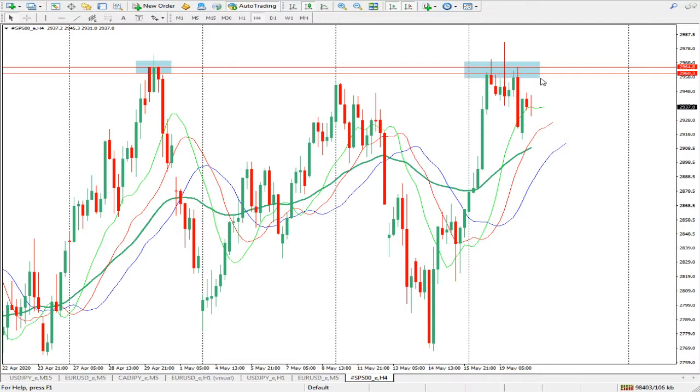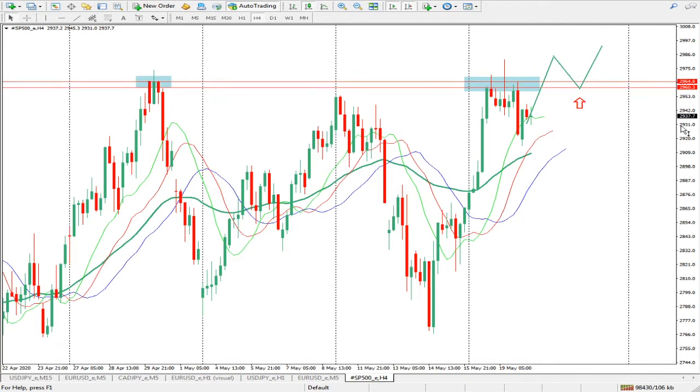We did say that should the price successfully break above this level, we were to wait for some retracement so that we continue to the upside. We expect price to break above, retrace back, and then continue to the upper side.